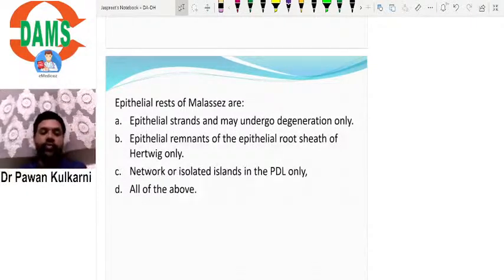So if you see, all the options are correct here: epithelial strands, and they may undergo degeneration; epithelial remnants of HERS, network or isolated islands in the PDL; all of the above. So they are seen in the PDL. They are the remnants of HERS. They might undergo disintegration.